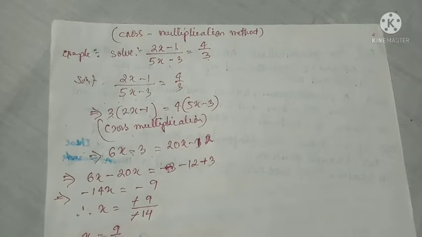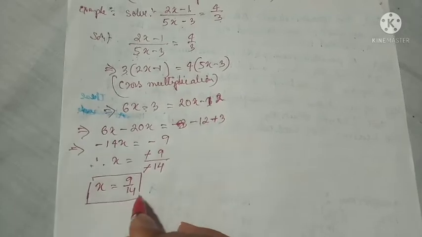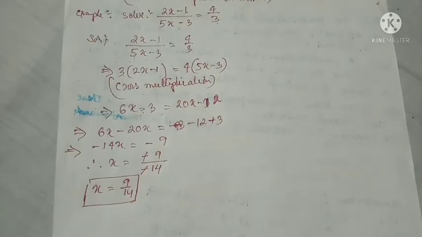The solution of this equation is 9/14. By using the cross multiplication method we found the solution of this equation. First, in this method we change the equation into linear form, and then we find the variable x, the solution of this equation.